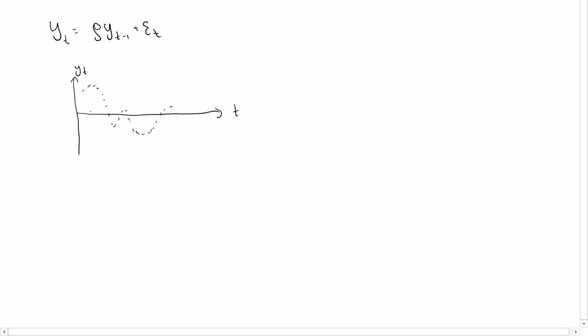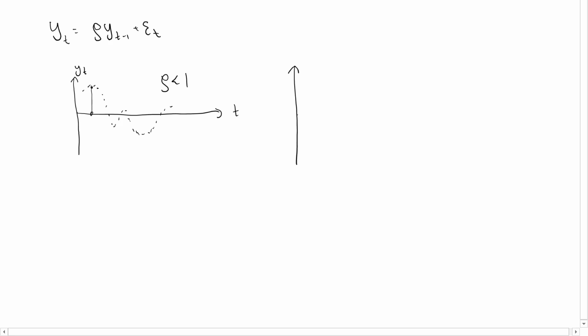A quite useful way to think about this is that there is sort of a rubber band between the observations and the mean, which is 0 in this case, so that the data can travel away from zero, but the further away it travels from zero, the stronger this rubber band will pull it back towards zero. That is the case for the stable AR(1) process.